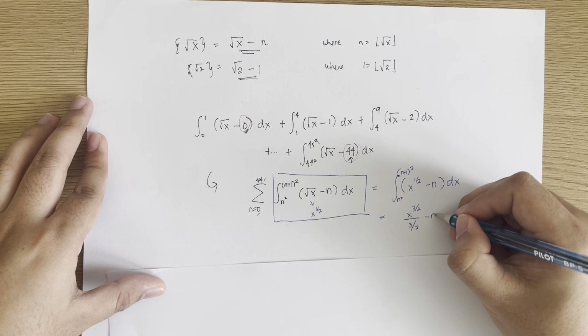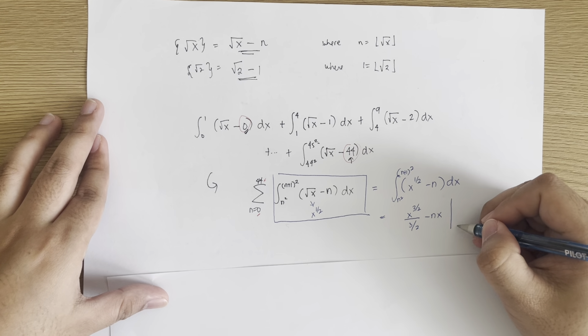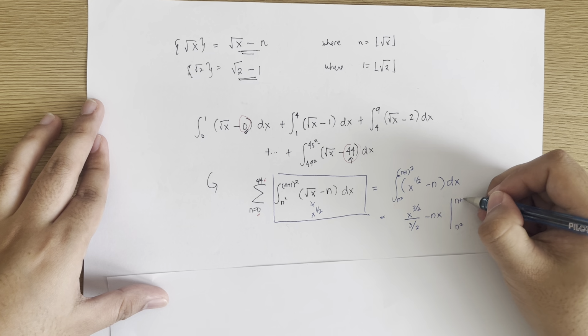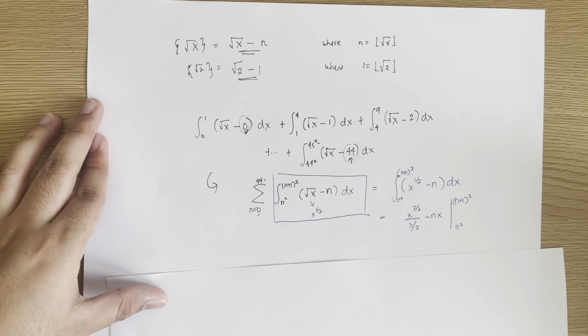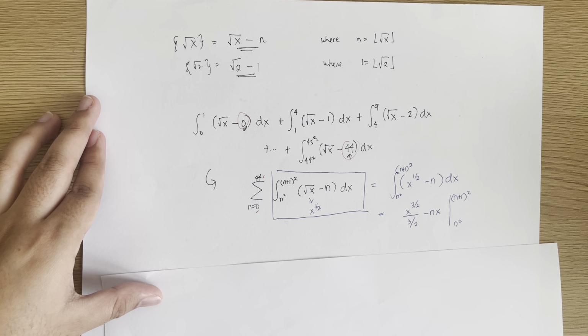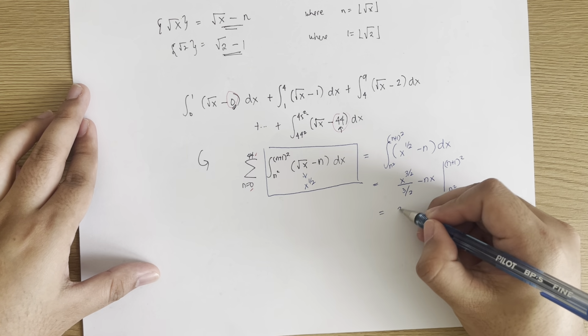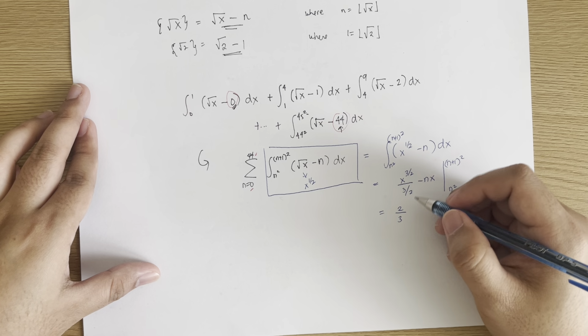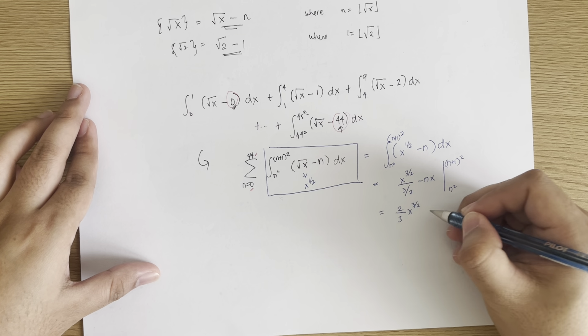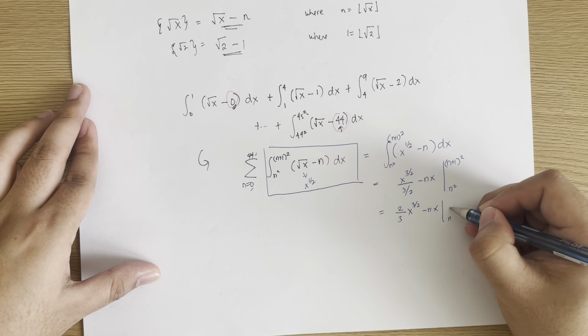Then this one becomes nx. All of this will be evaluated from n squared to n plus 1 squared. Okay, I hope it's clear. We just simplify this. This becomes 2/3 of x to the 3/2 minus nx from n squared to n plus 1 squared.